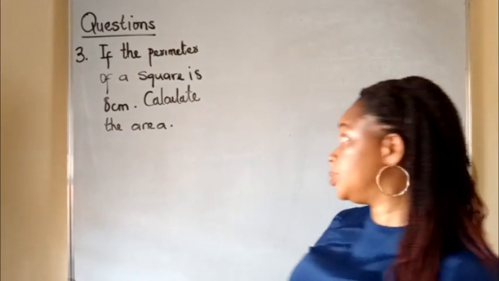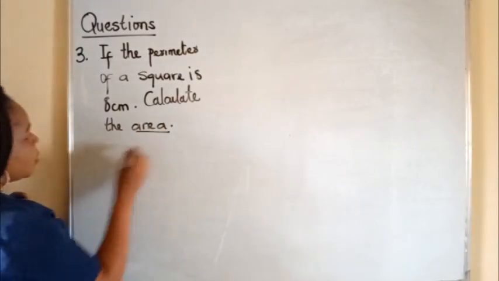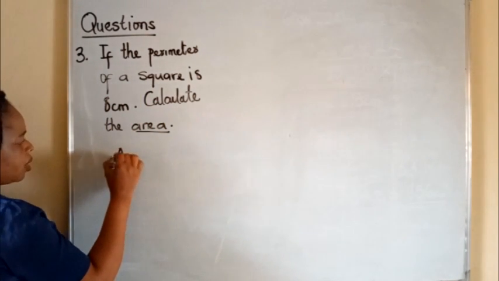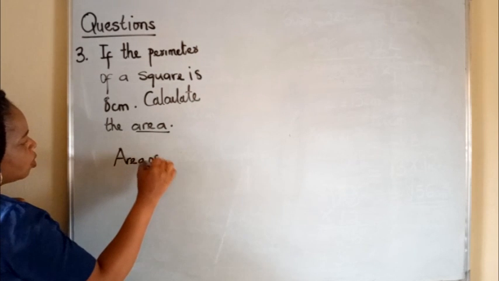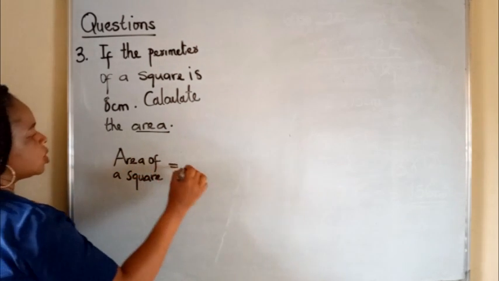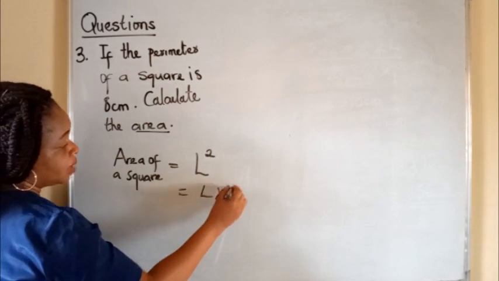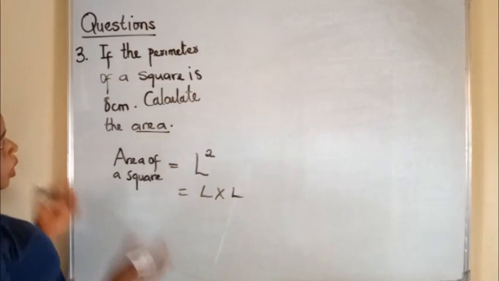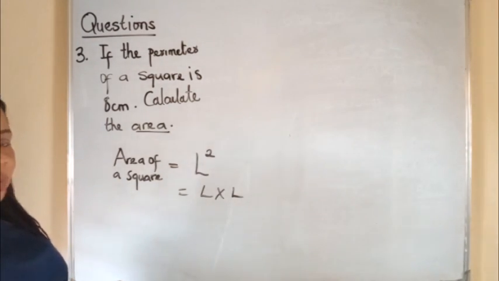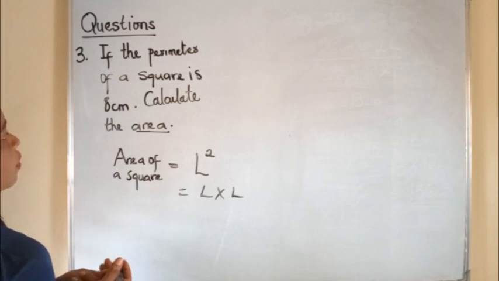What do we do? We are asked to calculate area, and we know that area of a square is equal to what? Length squared, or we say length times length. But here, were we given the length? No, we were not given the length. But what were we given? We are given the perimeter.